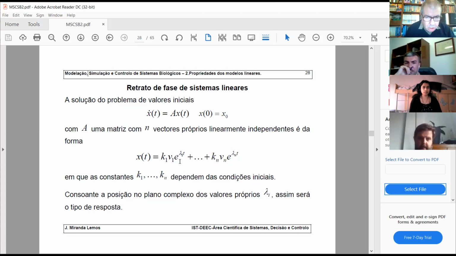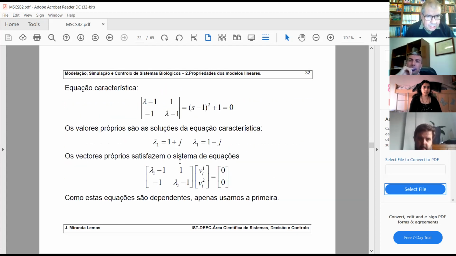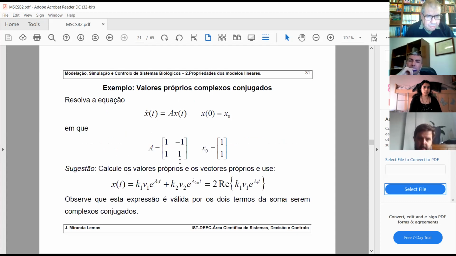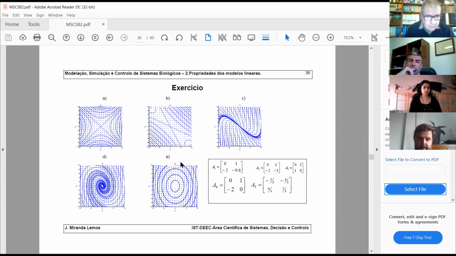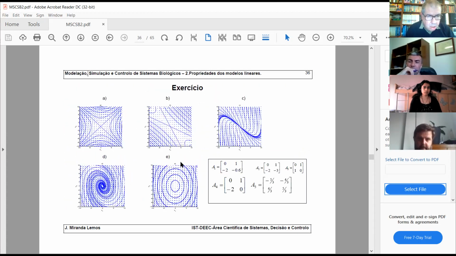I think this computation is an example, very complicated. You can follow it if you want, but let me show you one table.